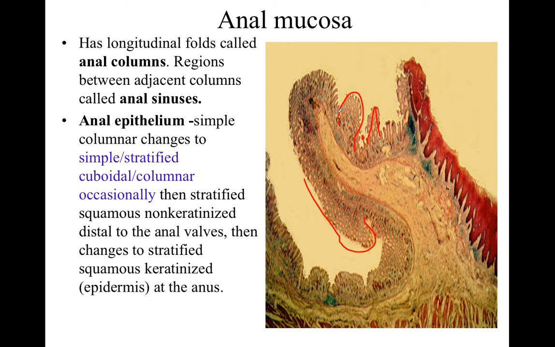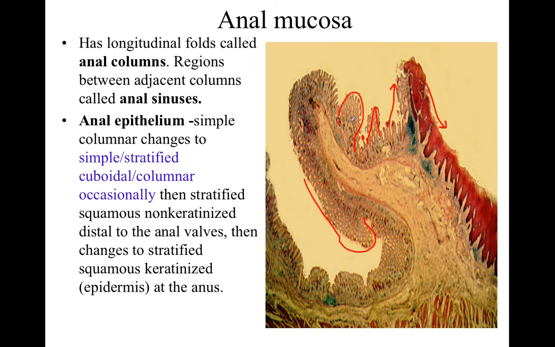Usually the epithelium changes from simple columnar epithelium into stratified cuboidal, then stratified columnar, then as we reach near the anus it changes to non-keratinized stratified squamous epithelium, and the final area, around the anus, is keratinized stratified squamous epithelium.